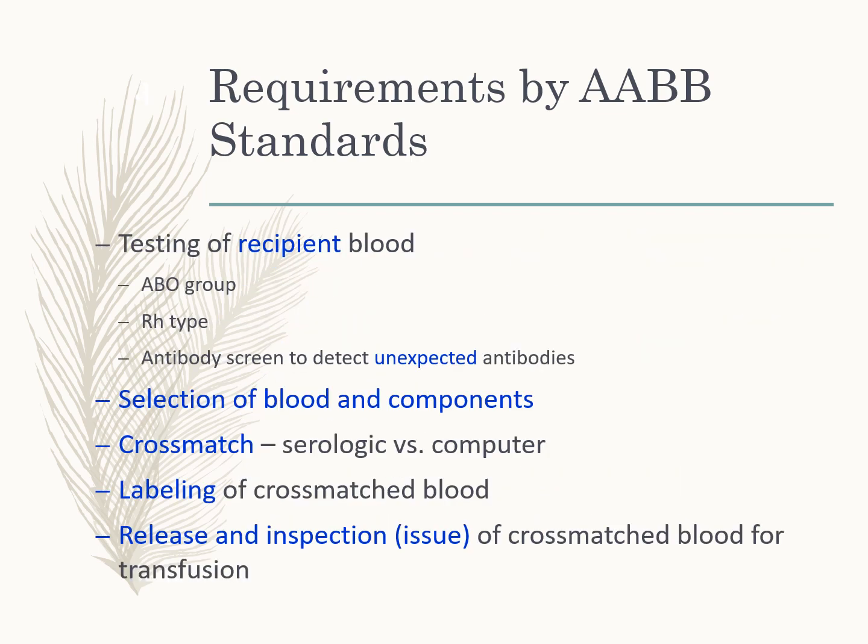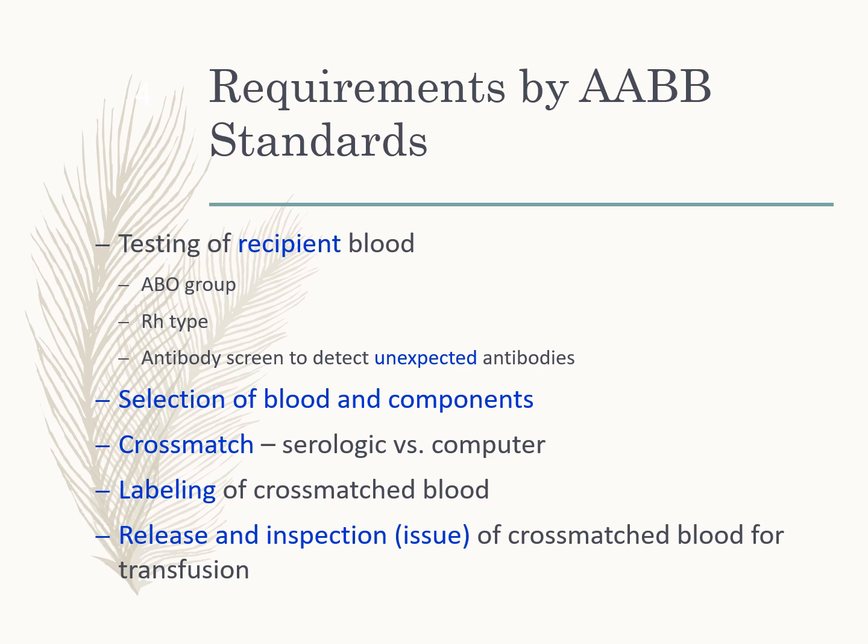So once you get the recipient blood, you need to do your ABO group, your RH type, which is really just the D type, and you need to do an antibody screen to detect any unexpected antibodies. When we say unexpected, that means non-ABO antibodies. We expect the patient to have ABO antibodies unless they're AB.